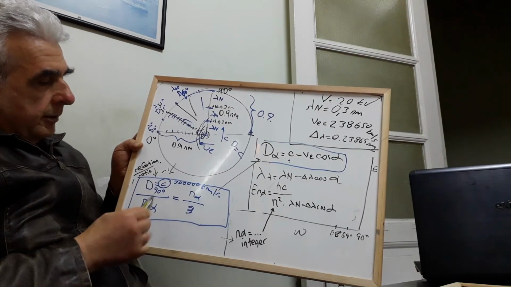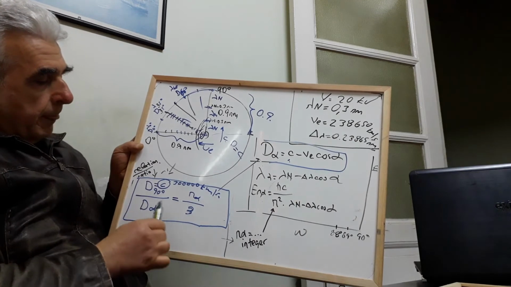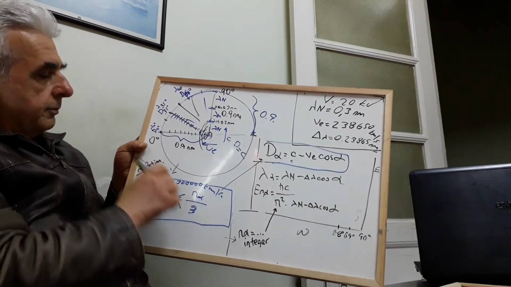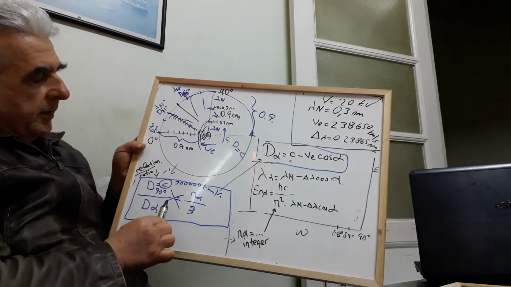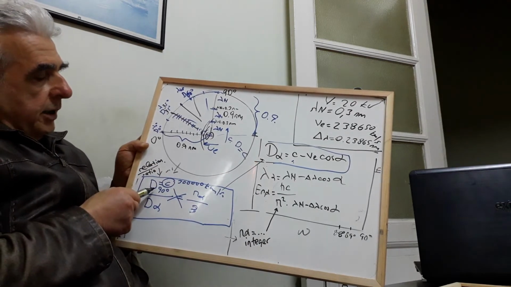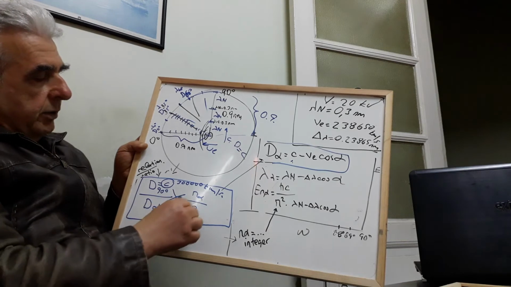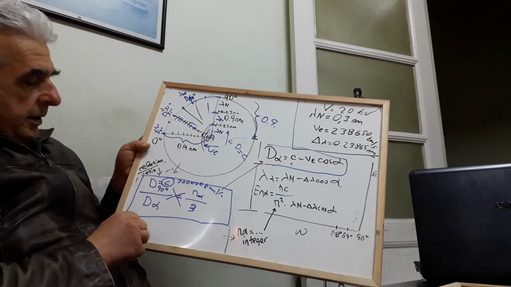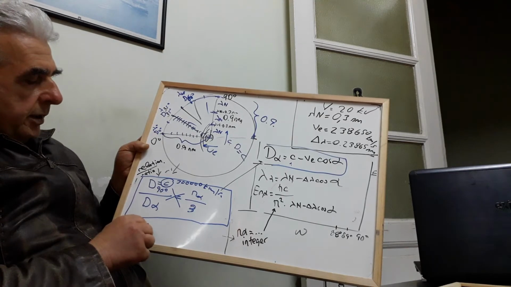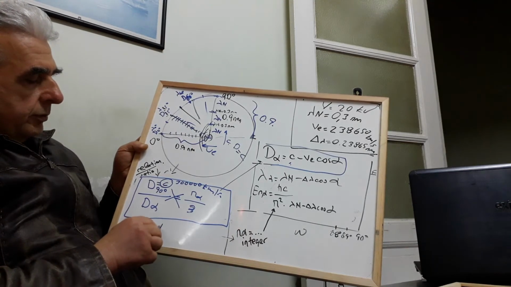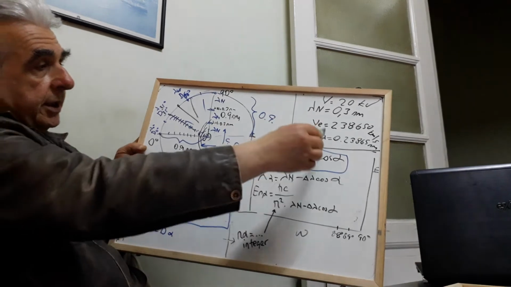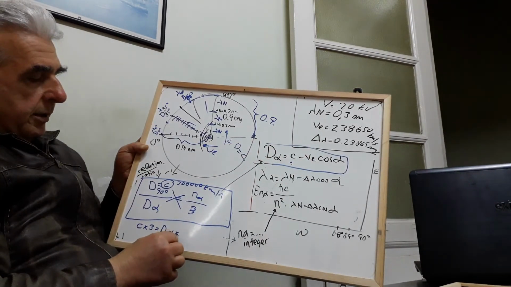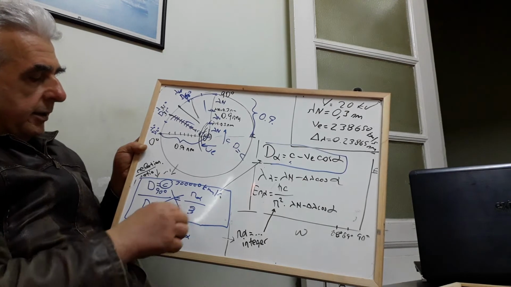This is my relation formula: you multiply this by this, equal to this by this. C multiplied by 3 equals d alpha multiplied by n alpha.